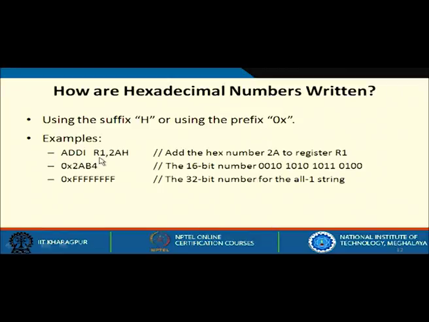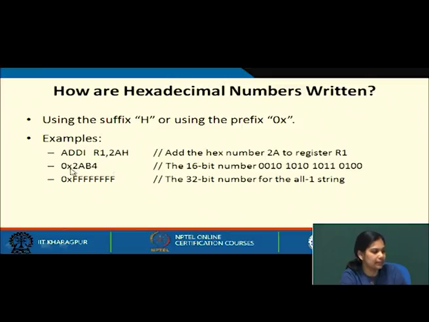So, here we are representing 2a as a hexadecimal number where h is added as a suffix, and here 2ab4 is a hexadecimal number.